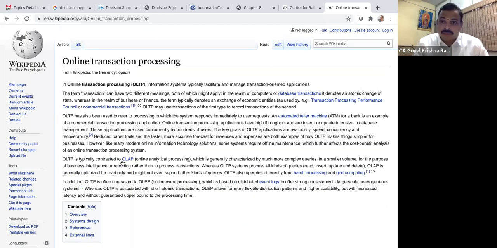Online transaction processing system. The examples I gave today, there are two examples: passenger reservation system and freight, FOIS. Both are online transaction processing systems. So a fundamental transaction processing system is accounting. Non-computerized TPS, can I give an example? Bookkeeping.